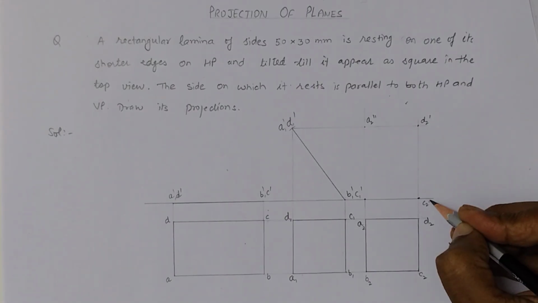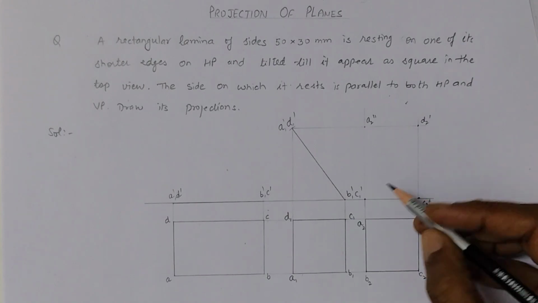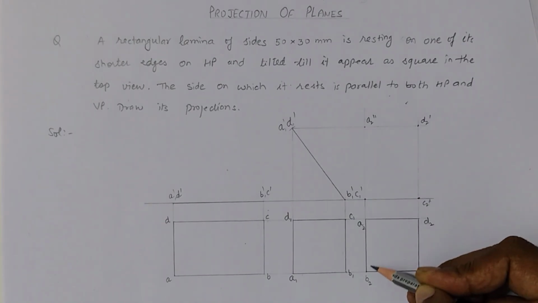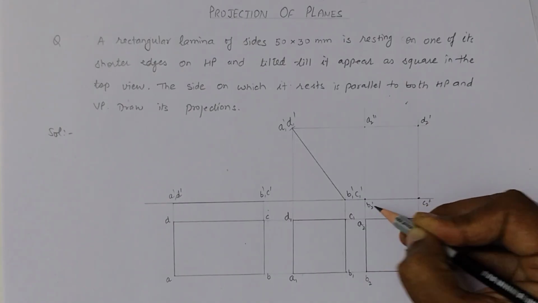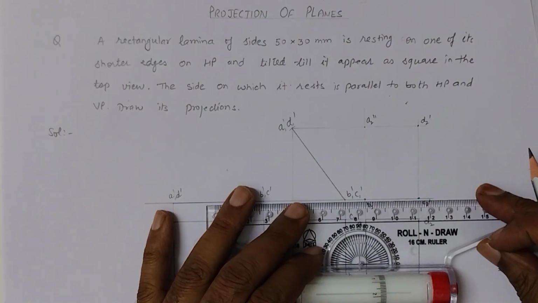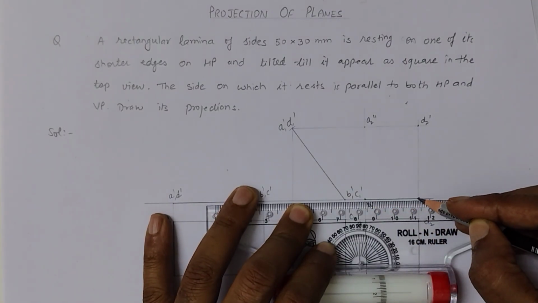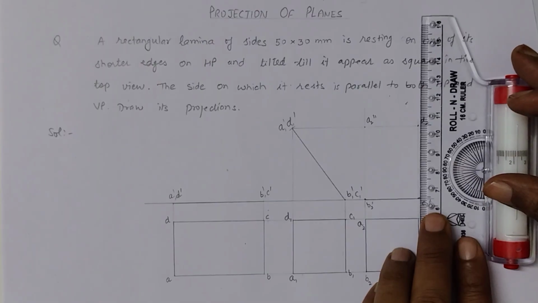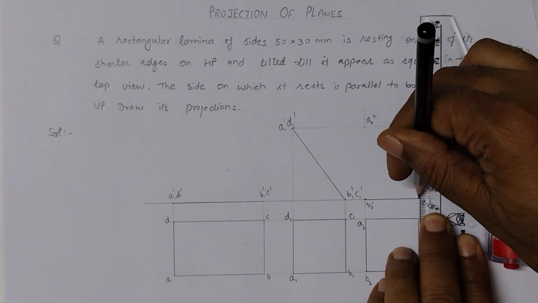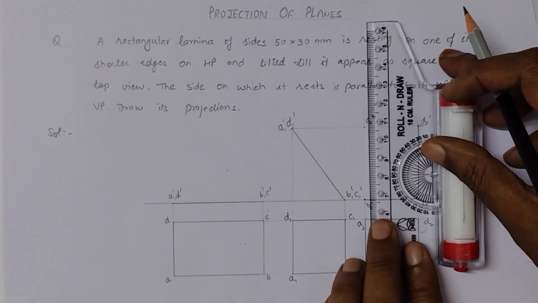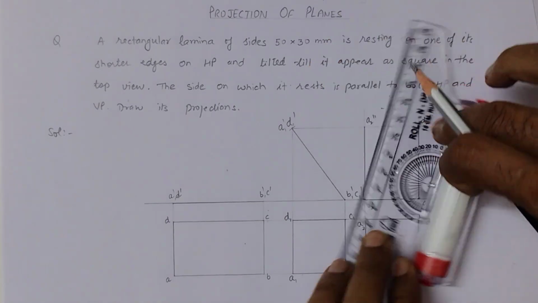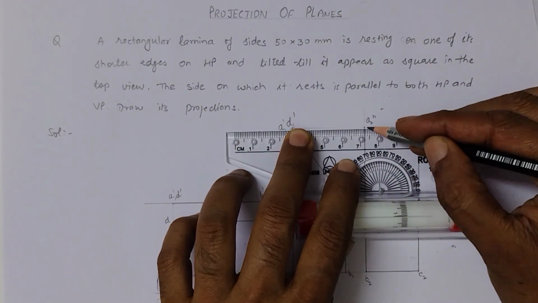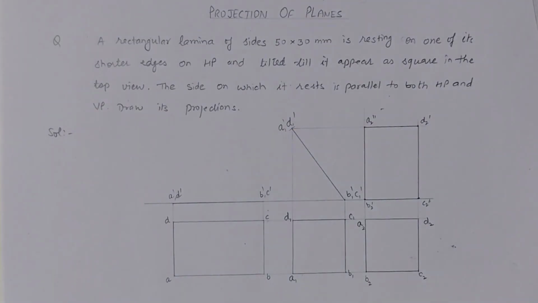And this point is marked as B2 dash. So join these points with a dark line to represent the edges of the rectangle. So this is the required position of the object.